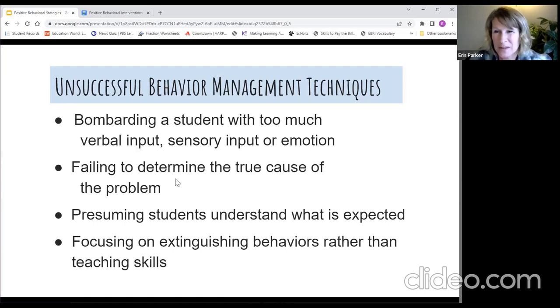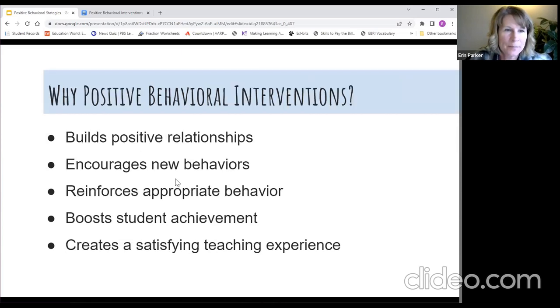Because sometimes we do that too. We think that they know the rules or expectations. And focusing on extinguishing behaviors rather than teaching skills. So thinking about taking a positive approach so that we can teach them those skills is more helpful than the negative.